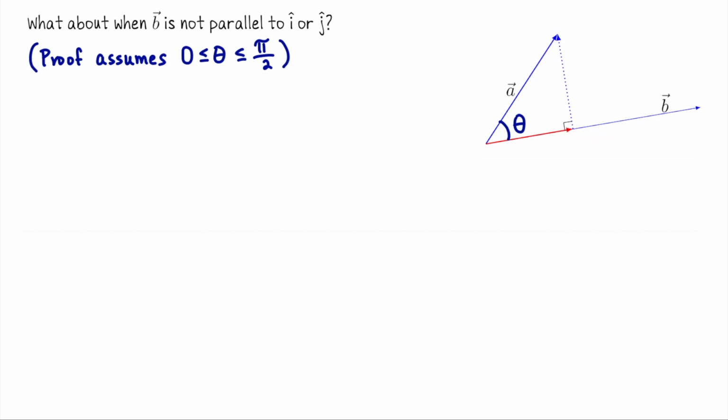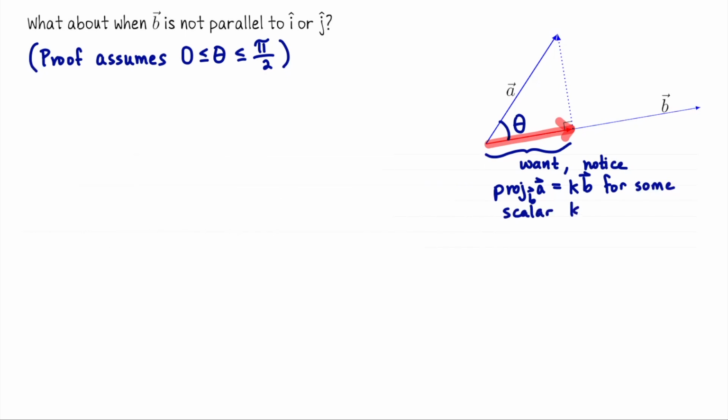Okay, I don't know if you can see it in the picture, but this is the projection that we're looking for. So that's the shadow that A cast onto B. It's a vector which is parallel to B, so it can be written as k times B for some scalar value k.